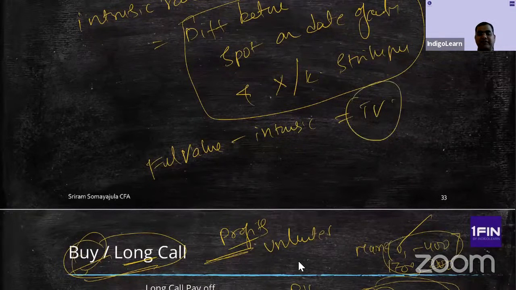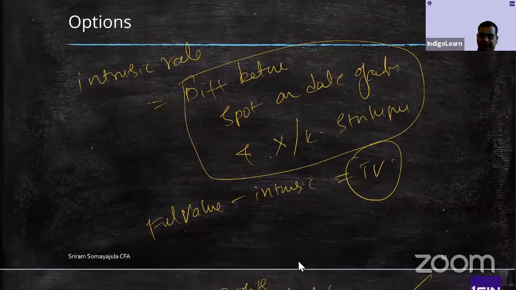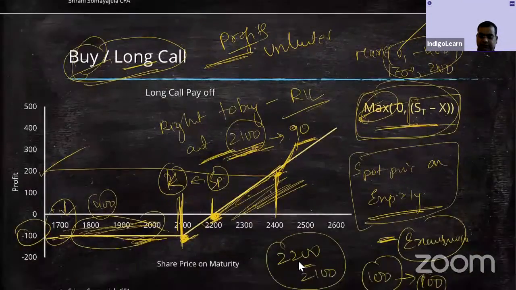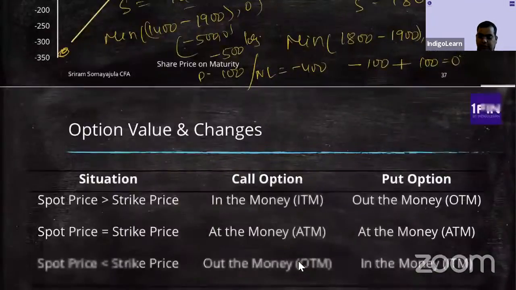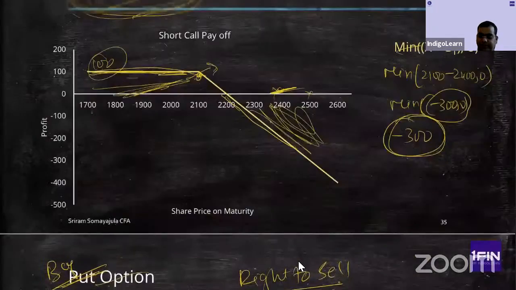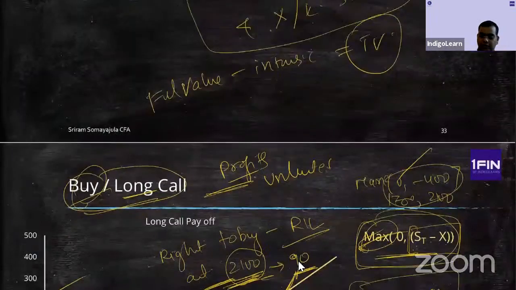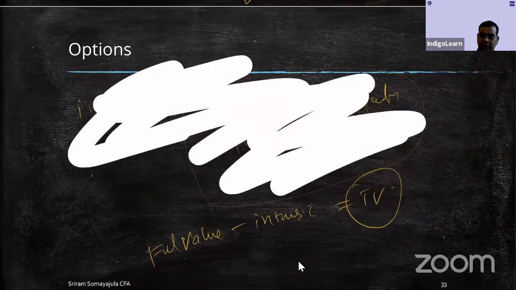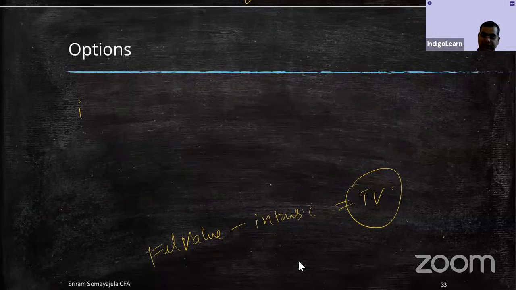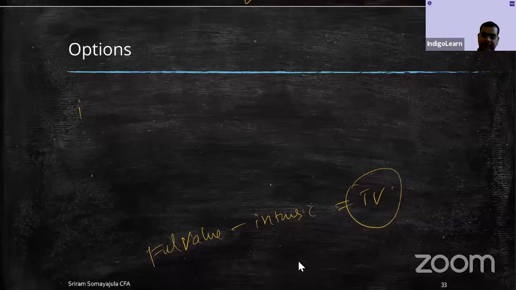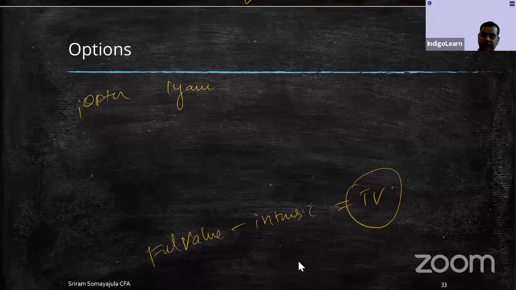Now, what is this time value? Let me explain this further. Say you have an option with maturity of 1 year.